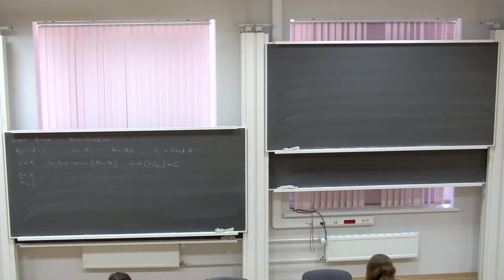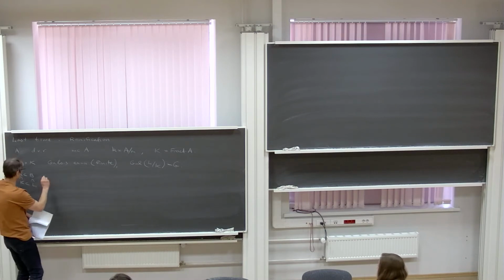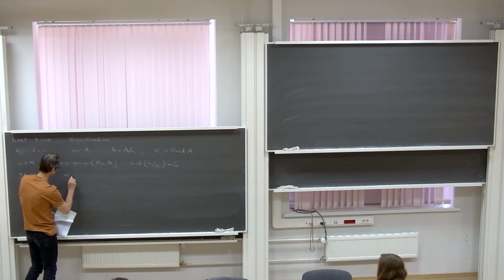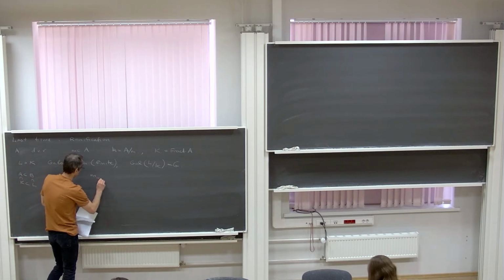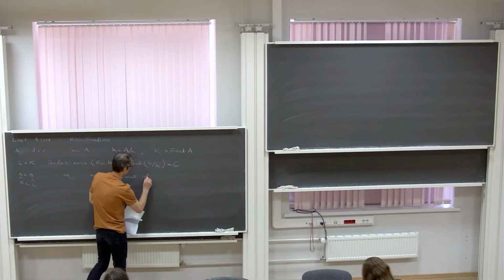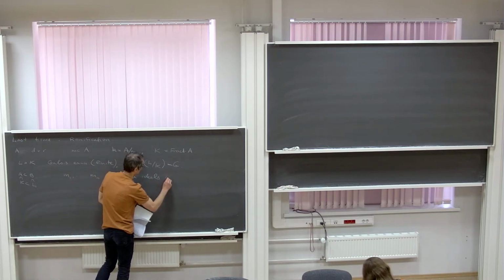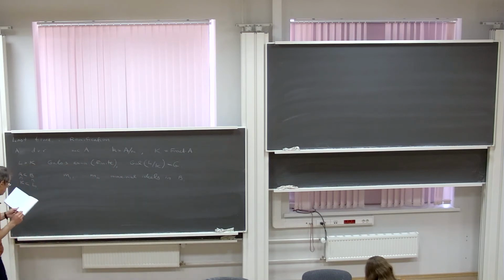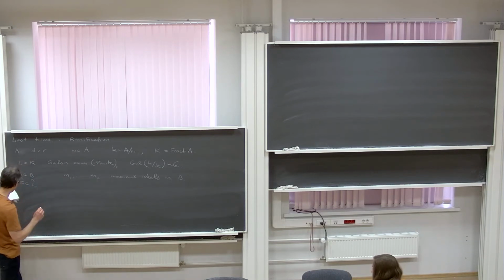Okay. Then, we know that B has finitely many maximal ideals. And we have some invariants of this extension.